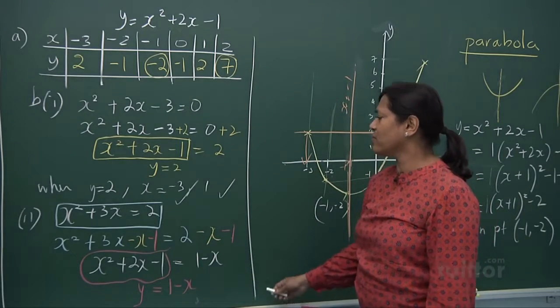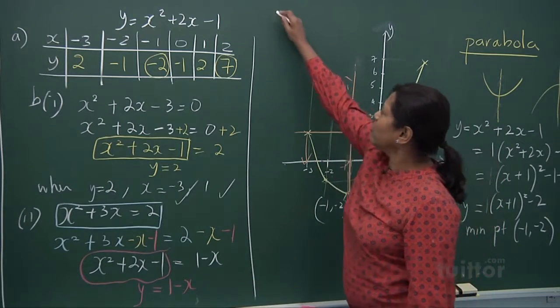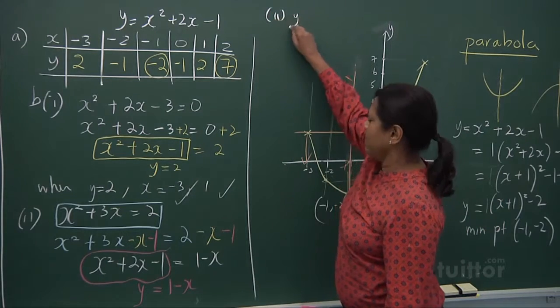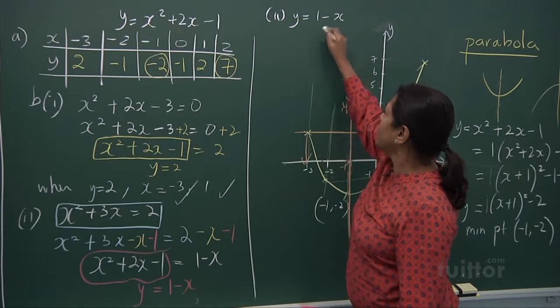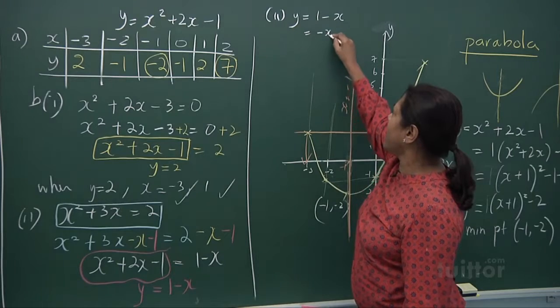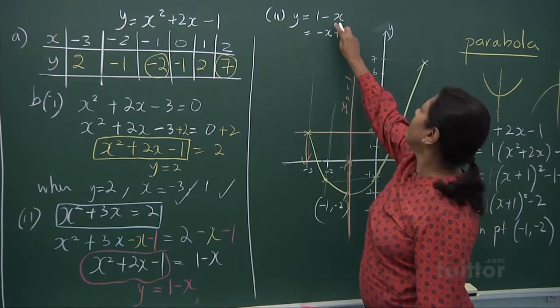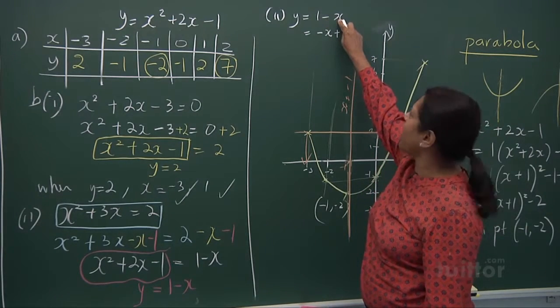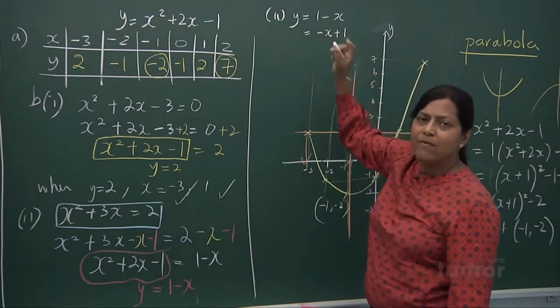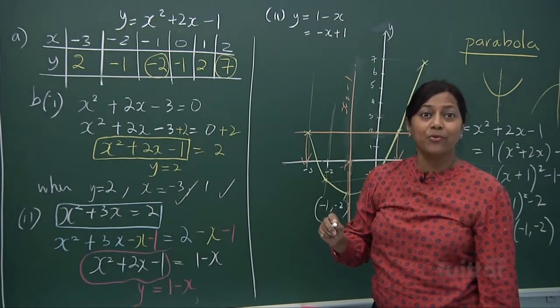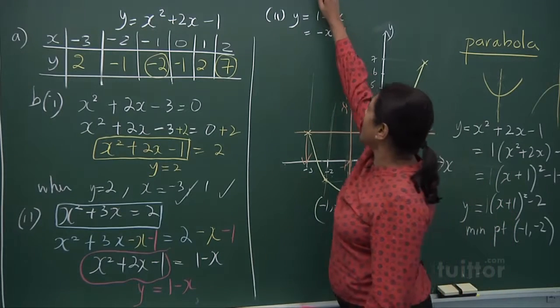Now you see this graph in part 2. You need to draw this graph, y equals 1 minus x. As I said, you can put minus x plus 1. Minus belongs to x. The gradient, remember a straight line has a gradient. What is a straight line?